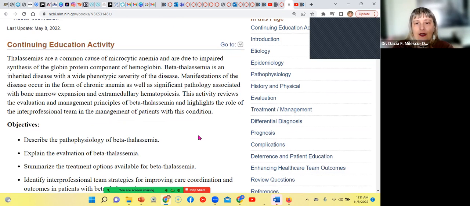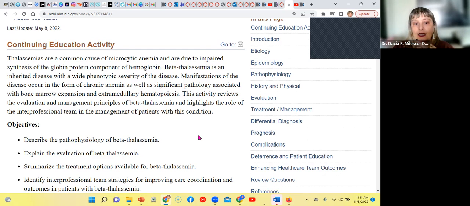So let's go over the thalassemias. Microcytic means that the red blood cell is poorly developed. It's not even a good cytoplasm. It has an impaired hemoglobin structure. And so beta thalassemia is inherited, and it has a wide phenotypic severity. In other words, just like sickle cell, you can have disease or trait, just the same with thalassemia.